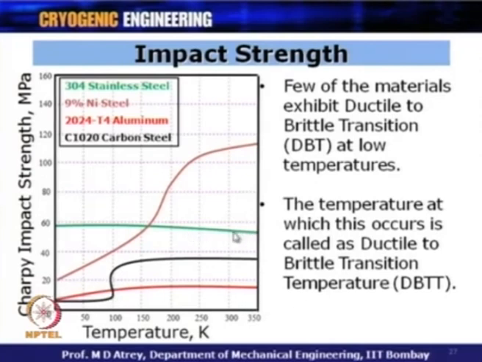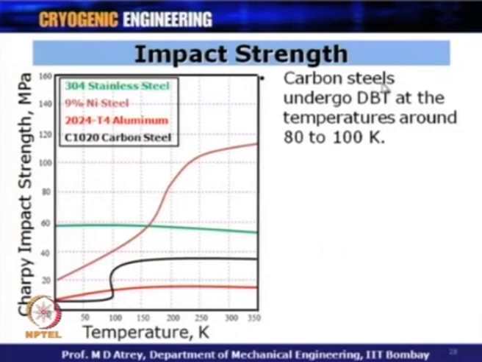While this does not happen for stainless steel, it is happening for carbon steel. Okay? So, carbon steel basically undergoes ductile to brittle transition at low temperature, and the temperature at which this transition happens, this DBT happens, is called the ductile to brittle transition temperature, DBTT. Okay? And this DBTT for carbon steel is around 80 to 100 Kelvin. So, carbon steel undergoes DBT at temperatures around 80 to 100 Kelvin.